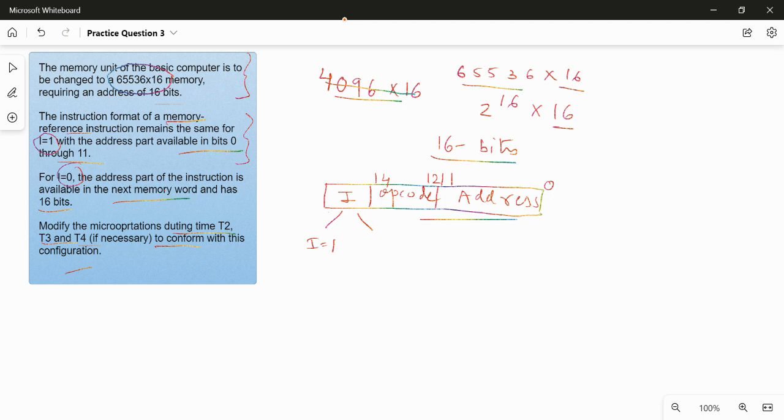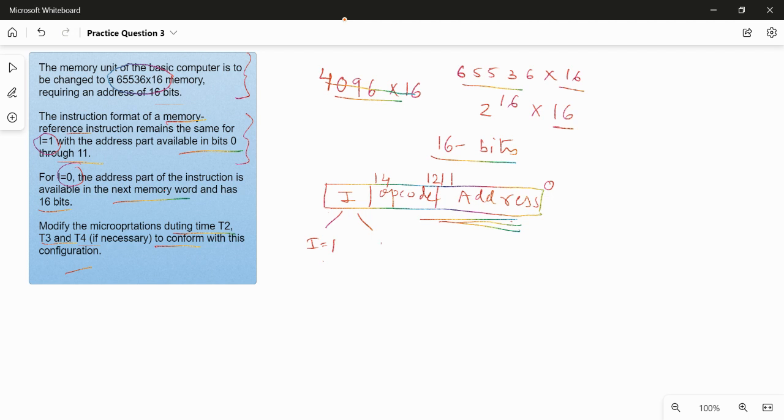Though a memory unit will have 16-bit addresses, 12 bits will be sufficient to specify a valid address in case of an indirect memory reference instruction.